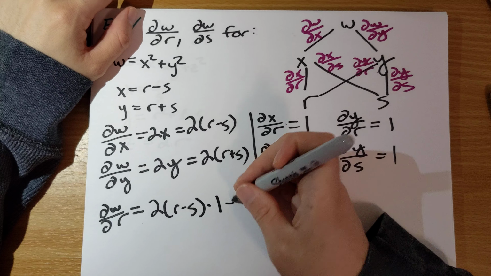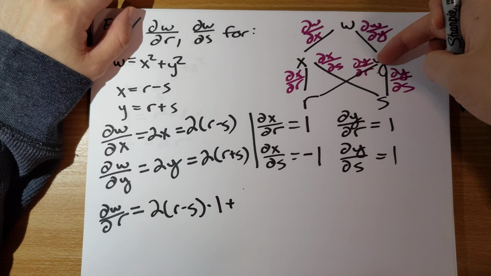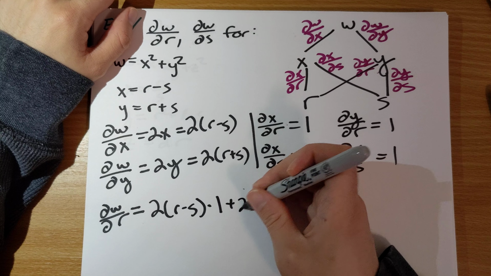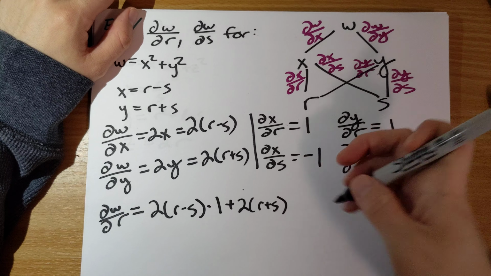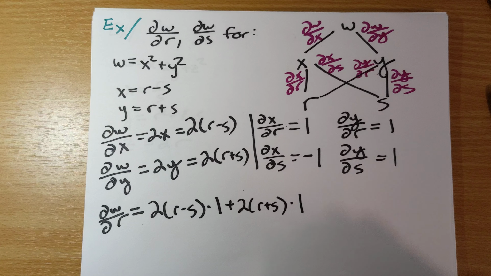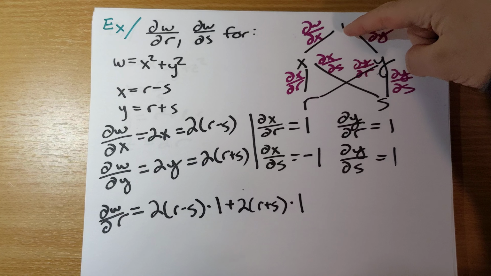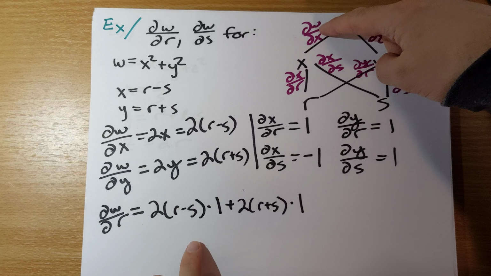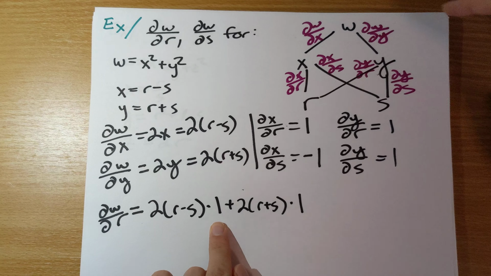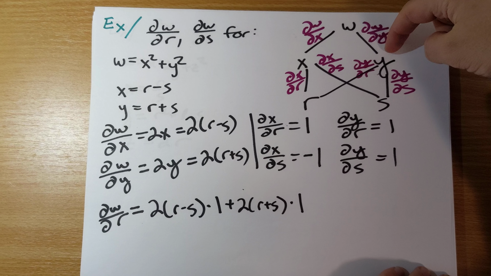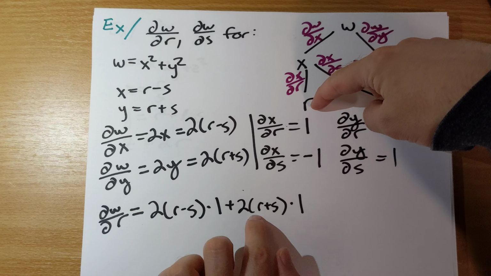The other way, partial w, partial y, is 2 times r plus s, times partial y, partial r, which is 1. So there are 2 ways to go from w to r. One way gives you partial w, partial x times partial x, partial r. This times this. The second way gives you partial w, partial y times partial y, partial r. This times this.